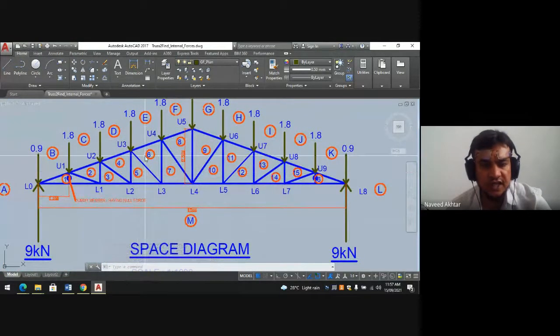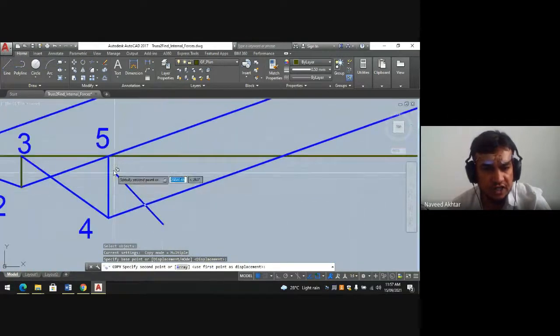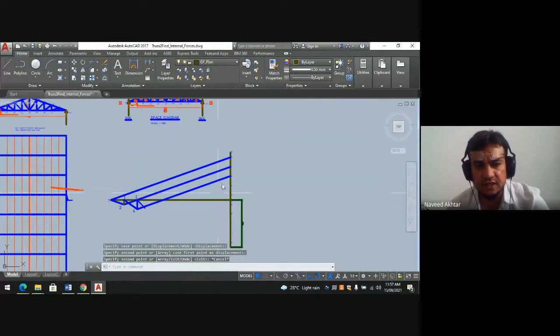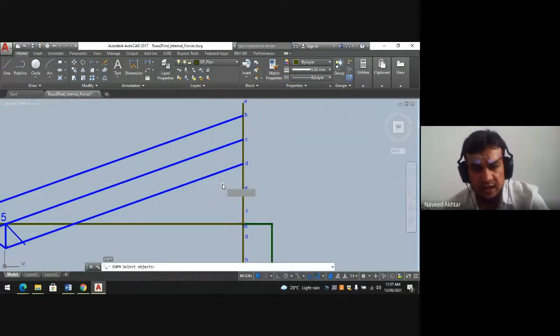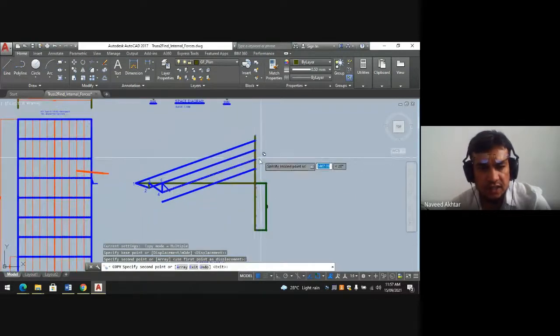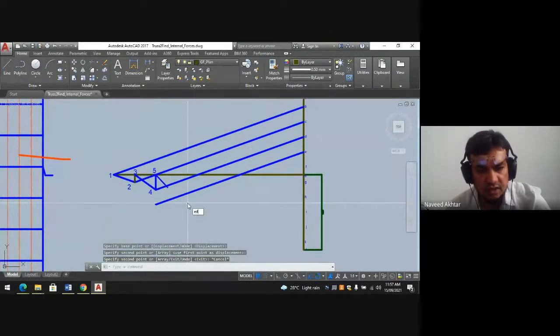Then again 5 to 6 is an inclined line, and 6 to E again inclined. So 5 to 6. Slope is changing, so I have to change the slope. 5 to 6, and I extend.